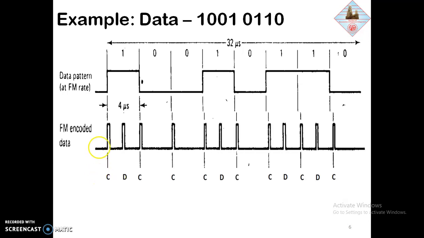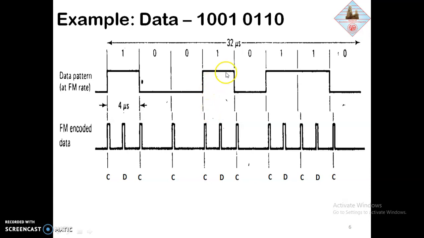For input data 1, we will insert a clock pulse at the beginning and a data pulse at the center. Now for the next input, that is 0, we will insert only a clock pulse at the beginning and not any data pulse. Then again for the next input, again there is a 0, so we will insert again a clock pulse at the beginning without any data pulse.